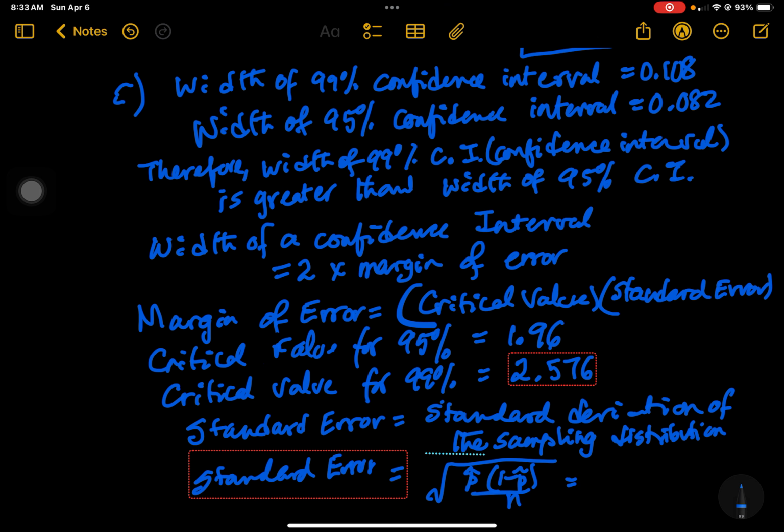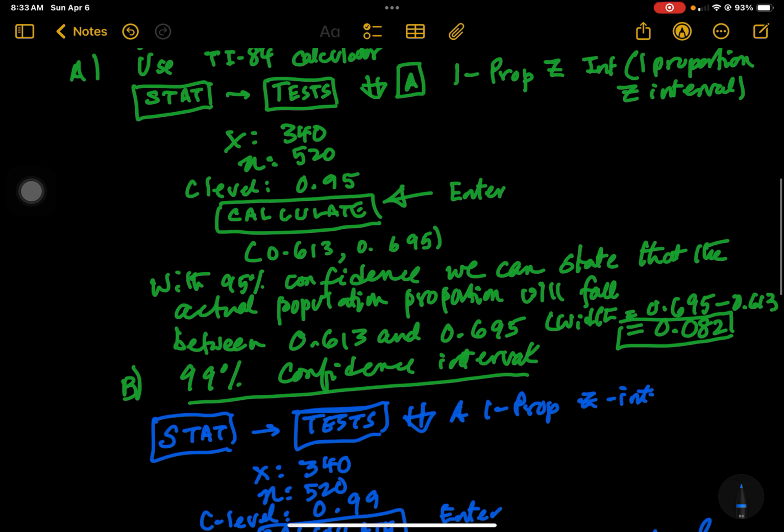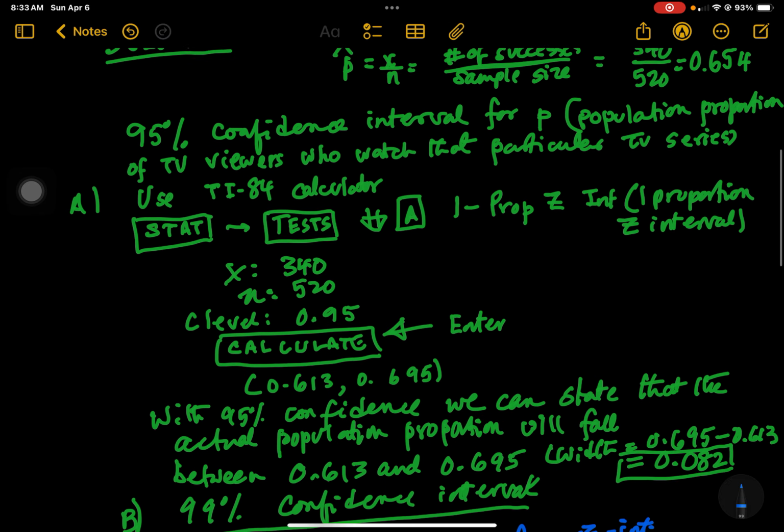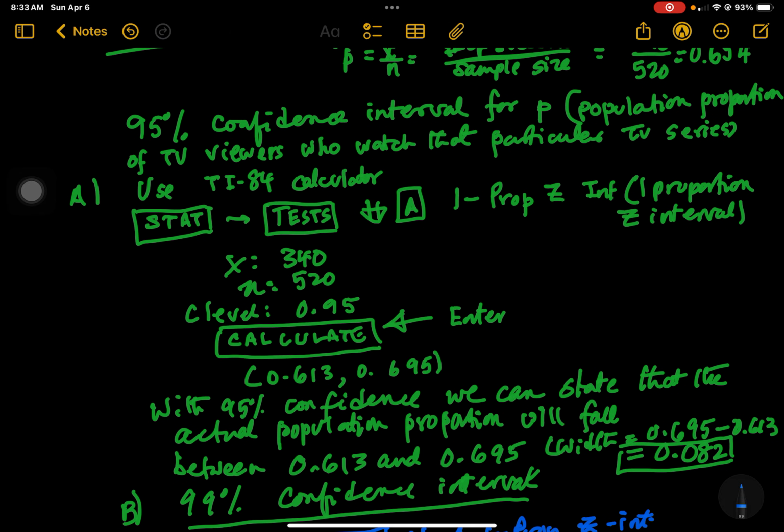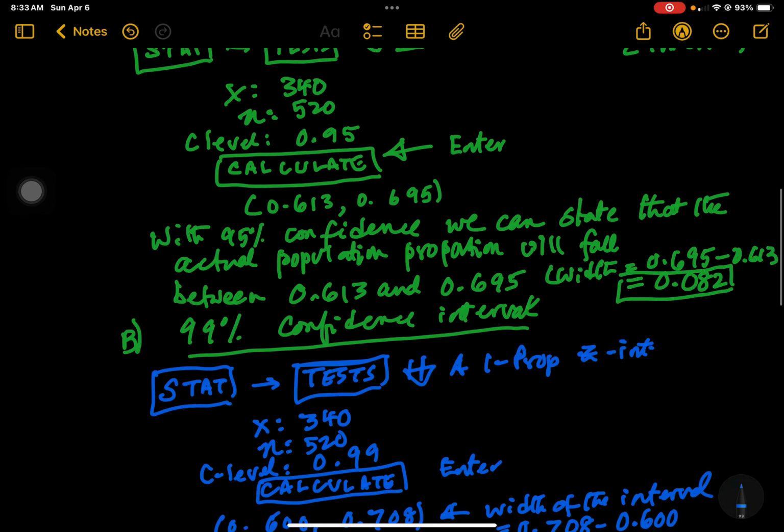So in our case, remember we determined the p hat initially, which was 0.654.